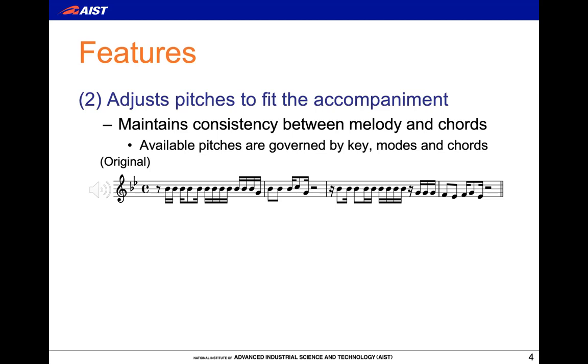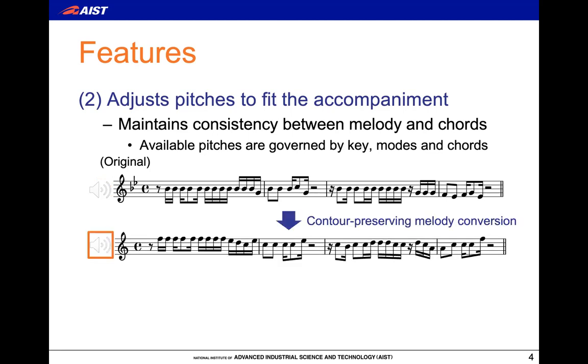Here are the examples of the conversion results. Let's say we would like to convert this G minor melody when its melodic contour is attached to a C major accompaniment. We obtain this.